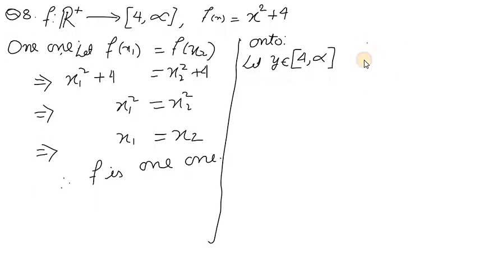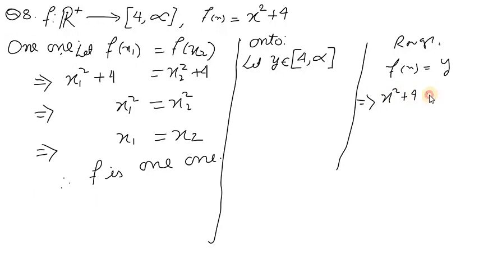In rough, start with f(x) equal to y. Now you put the right formula for this, so x square plus 4 is equal to y. Now x square is equal to y minus 4. Now x equal to the square root of y minus 4.